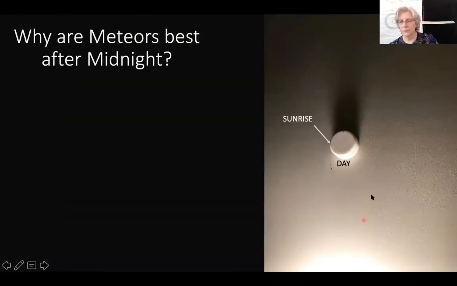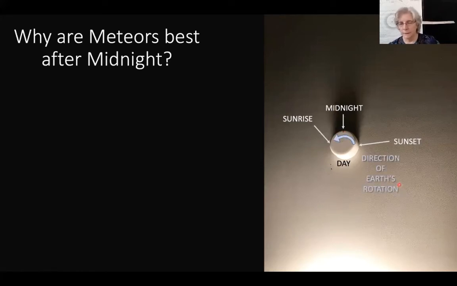All right, now we're going to look at the other side where sunset is, and in the middle, we're going to call midnight. So why are meteors best after midnight? Here we go. There's the direction of Earth's rotation. Remember, here's the sun again down here.